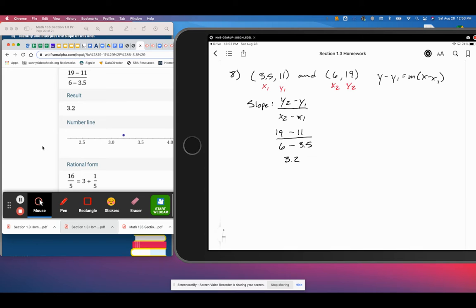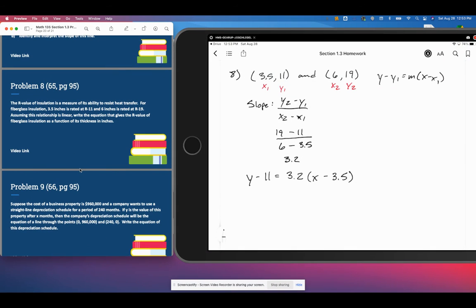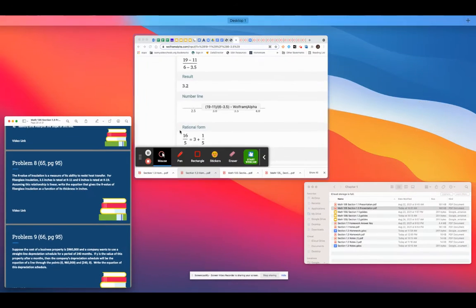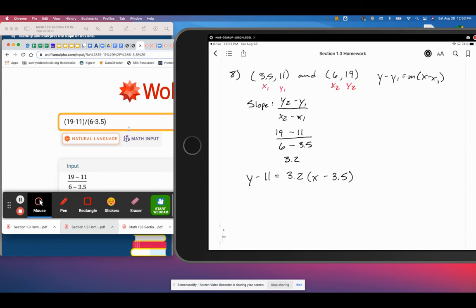We have everything we need for point slope form equation now, so let's go ahead and write y minus y1, which is 11, equals m, which is the slope, so 3.2, times x minus x1, which is 3.5. All right, so that is our point slope formula for it. And all that we need to do for this one is write the equation, so that is sufficient. That is an equation that represents it.